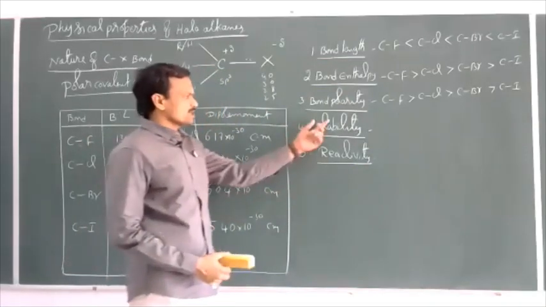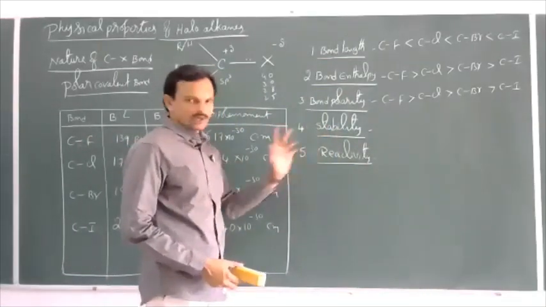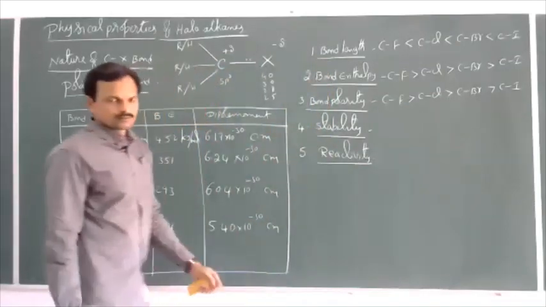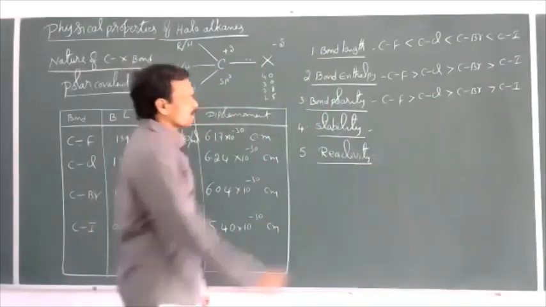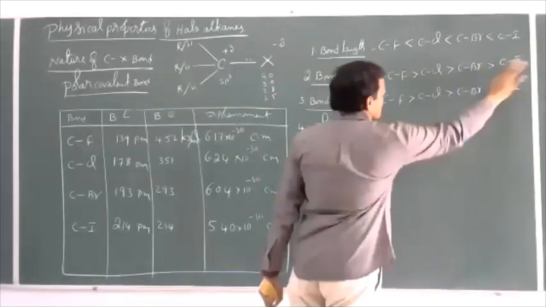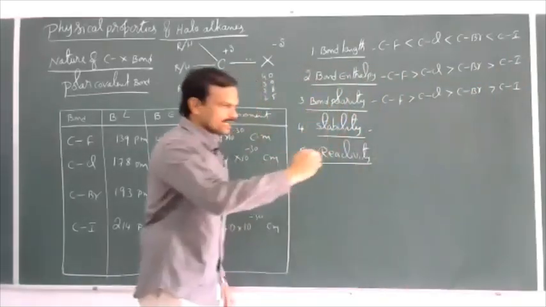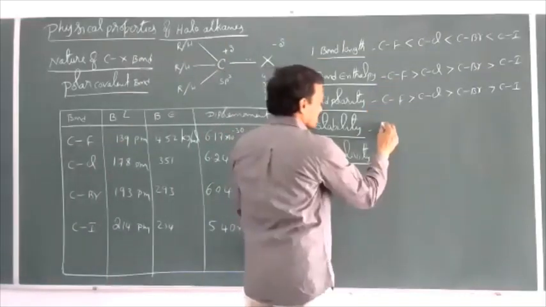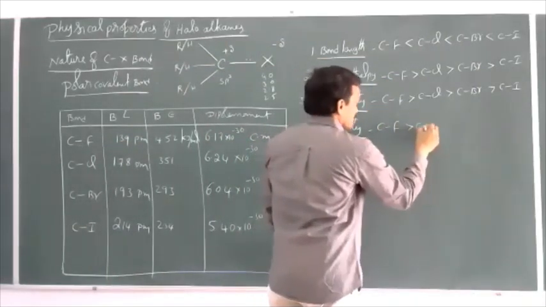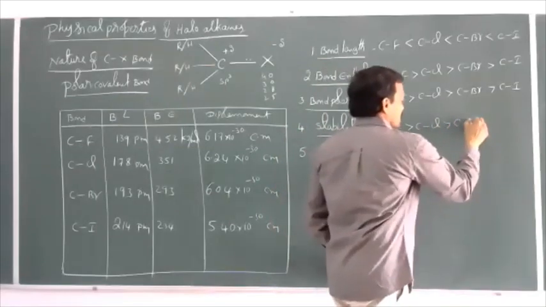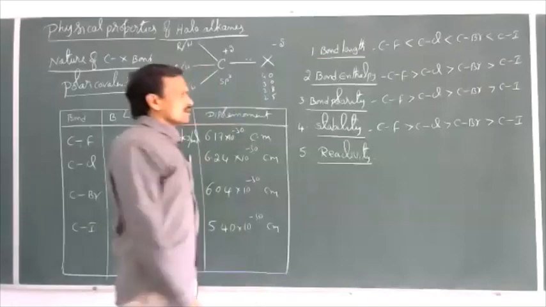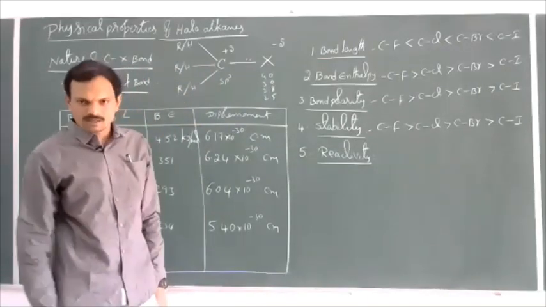The more stable, generally less reactive; less stable means more reactive. Since bond enthalpy decreases gradually from C-F to C-I, thermal stability also decreases. That means among these, C-F is more stable than C-Cl, greater than C-Br, greater than C-I. So this is the order of stability of haloalkanes.